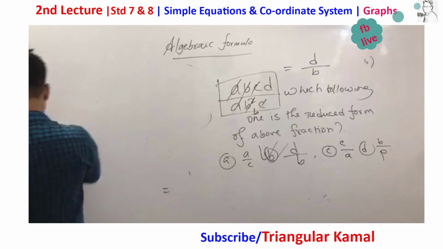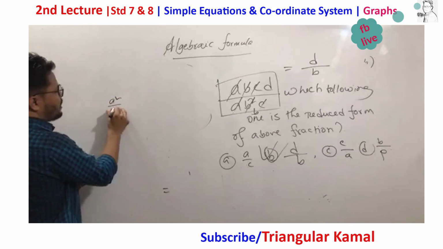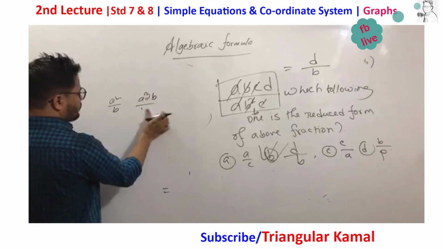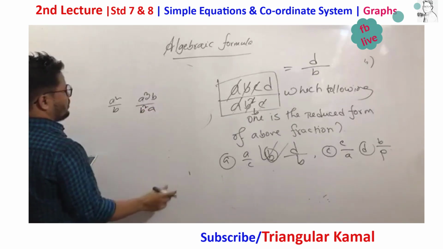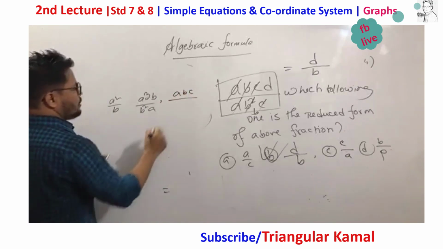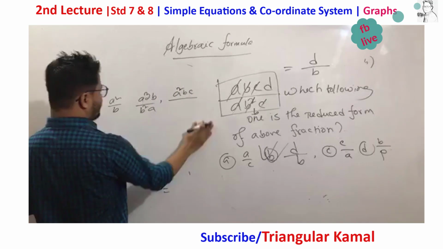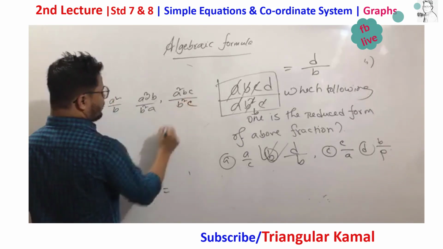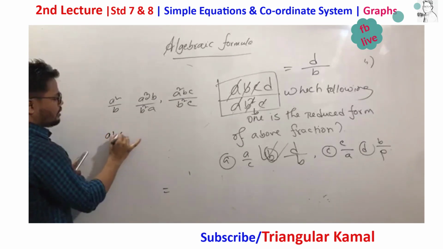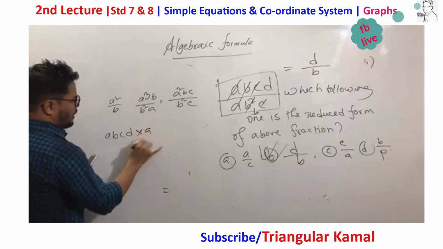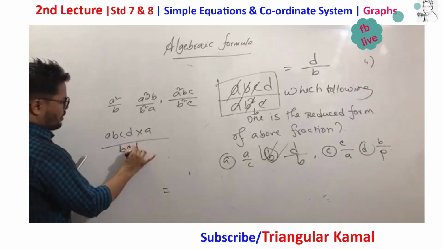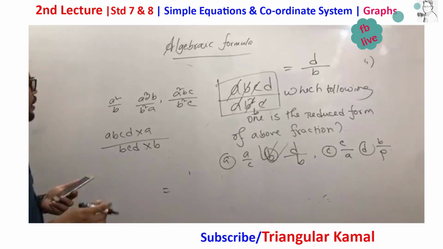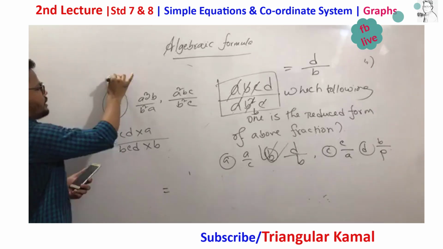I think all of you know the equivalent, like a square by b, a cube by b square a, and abc divided by b square c, abcd multiply with a divided by bcd multiply with b. In all of them, what we see here, the result is a square by b.